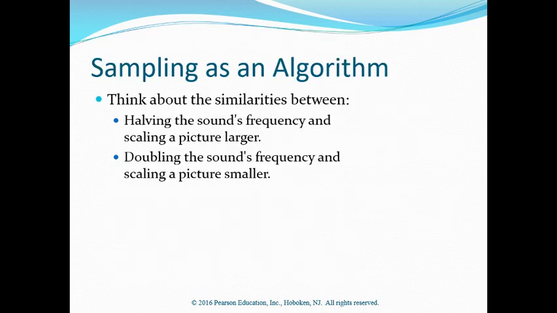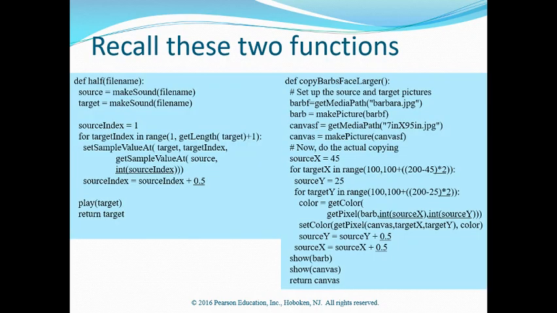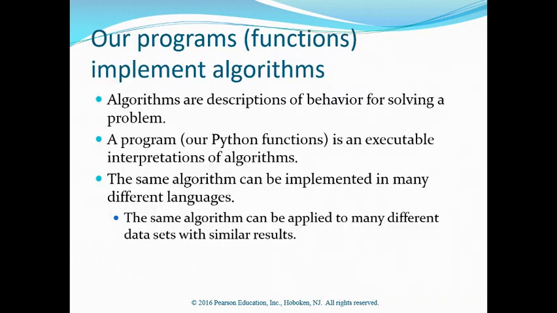Sampling is an algorithm. Think about the similarities between halving the sound's frequency and scaling a picture larger, or doubling the sound's frequency and scaling a picture smaller. Recall these two functions, where we decreased the size of the picture or made the picture bigger that we've done previously. So our program functions implement algorithms.